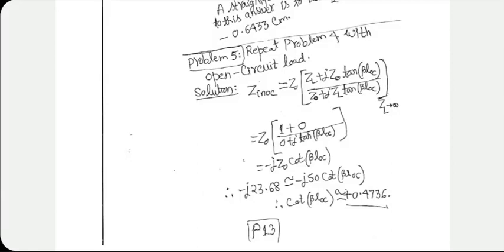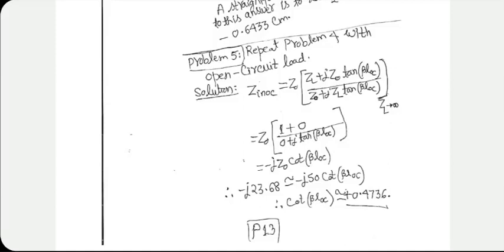By the way, I'm calling the length as LOC now, and input impedance also as Z in OC because we are talking open circuits. So in the numerator, I get 1 plus J something, and when you put ZL going to infinity, that term disappears. Z0 by ZL goes to 0 when ZL goes to infinity. In the denominator, I get Z0 divided by ZL, which goes to 0, plus J tan beta LOC. So the formula in this case for input impedance is minus J Z0 cot beta LOC.